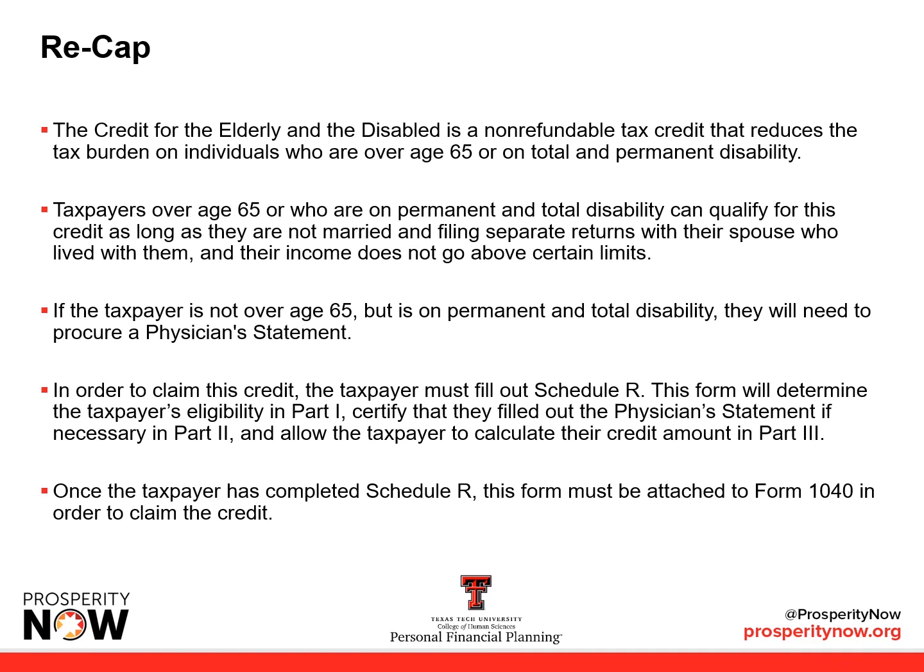In order to claim this credit, the taxpayer must fill out Schedule R. This form will determine the taxpayer's eligibility for the credit and allow the taxpayer to calculate their credit amount in Part 3. Once the taxpayer has completed Schedule R, this form must be attached to Form 1040 in order to claim the credit.